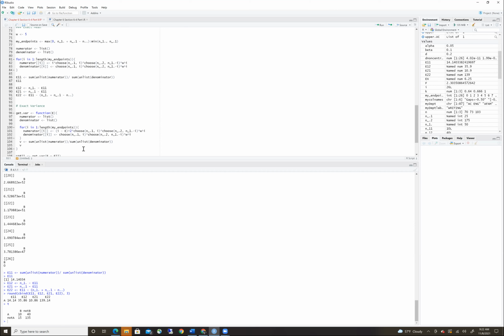We do our I minus the expected value, quantity squared, and then we multiply that by the non-central hypergeometric distribution. All right, so I can use this function that says if you tell me what E is, then go ahead and calculate the variance. Okay, so this is essentially 6.44.